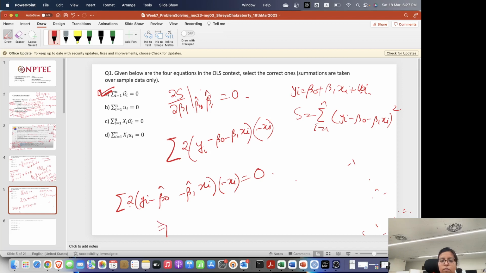If we divide everything by minus 2, then we have summation xi times yi minus beta naught hat minus beta 1 hat xi equal to 0, which is the same as summation xi ui hat equals 0. So this is also correct.